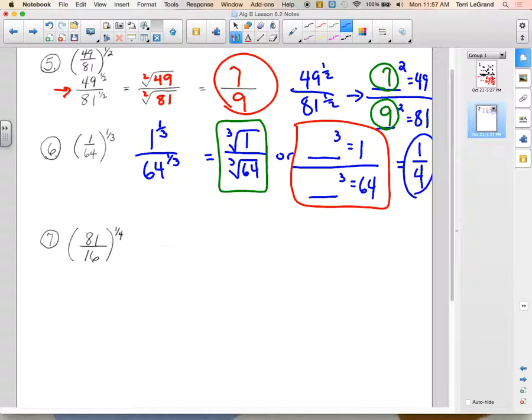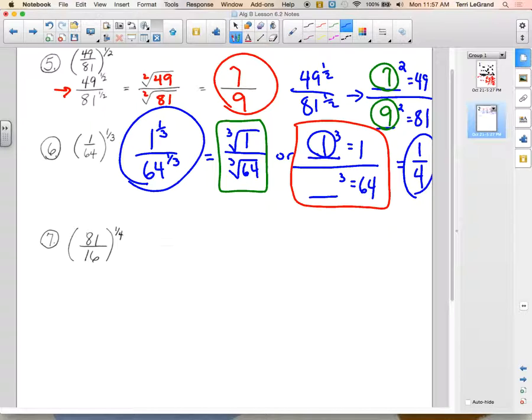Now, pay attention to what I'm going to show you right now. Everybody needs to show, on a problem like this, giving both the numerator and the denominator their own power. And then you have 2 choices of ways to show the work. The green, where we do it with a radical sign, or the red, where we say, what do I have to do to fill in the blank?